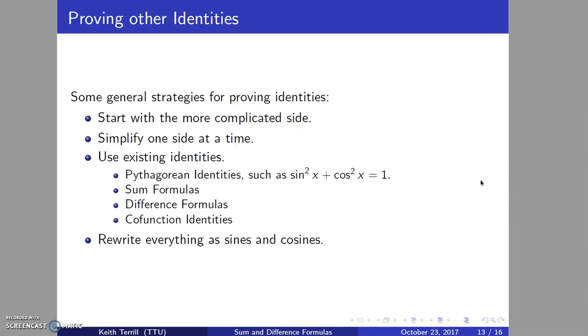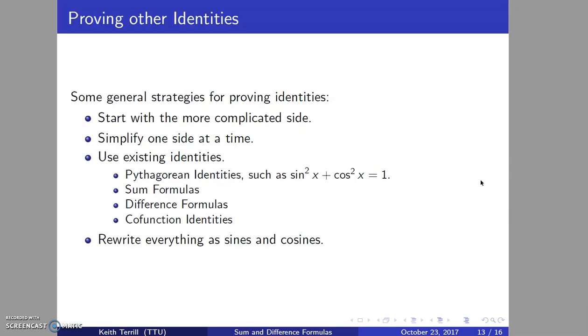But for those of us who are less excited for that and more excited to prove other identities, well, I've got this to remind you about. If you're wanting to prove that an equation is an identity, there are a few strategies for you. You start with the more complicated side, take that as a separate expression, simplify that one expression one step at a time, and hopefully end up with the other expression, not having to switch over.